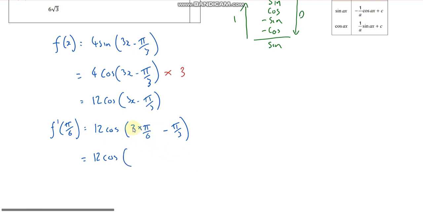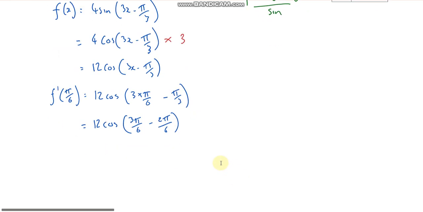This is going to come out as 3 pi over 6, so let's keep it in sixths, and I'll change pi over 3 to 2 pi over 6 by timesing top and bottom by 2. So 3 pi take away 2 pi over 6 gives me 12 cos of pi over 6.